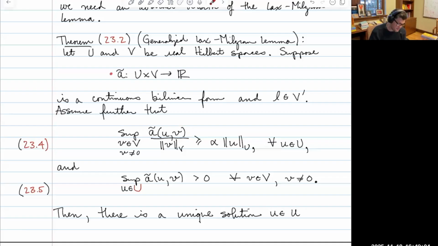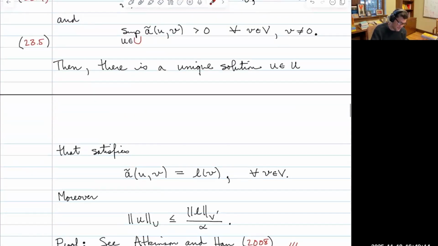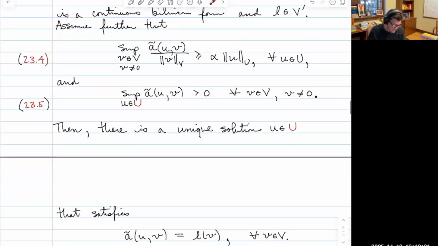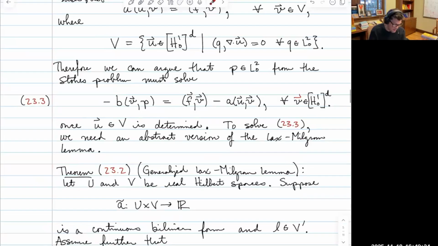If all of these assumptions are true, that this is a continuous bilinear form, satisfies the Inf-Sup condition, and satisfies this special condition, then there's a unique solution U in capital U that satisfies this equation. And this looks like a normal, ordinary run-of-the-mill equation. In fact, it's precisely the equation that we have here.